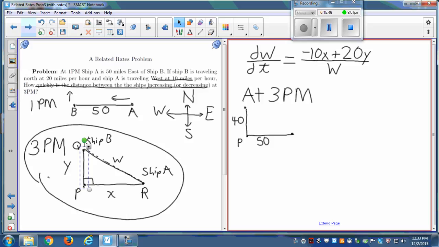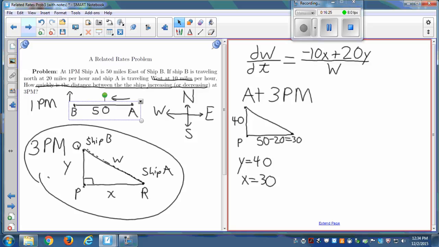So this line here is going to be 20 miles shorter than it was at 1 p.m. So we get 50 minus 20, which is equal to 30 for that length. So at this point, we can see that y is equal to 40. And x is equal to 30.